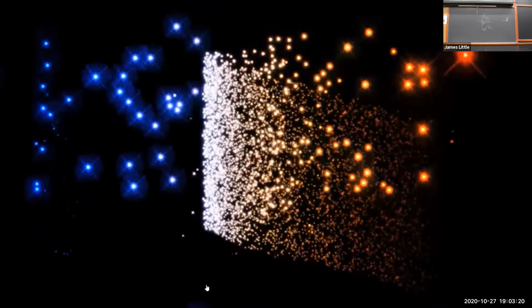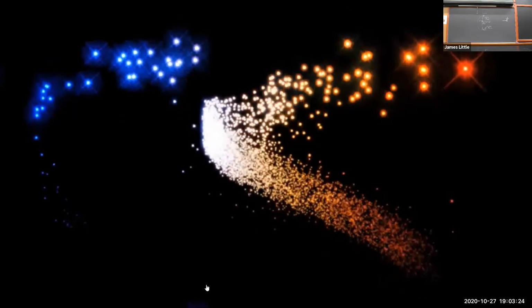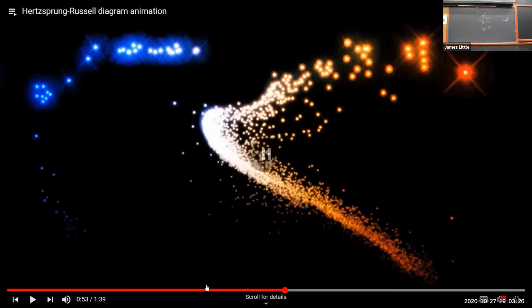So luminosity, most luminous at the top, least luminous at the bottom. And so I can see right away, this star cluster is kind of old. Like there's a lot of giants associated with it. And that's how you analyze an HR diagram and figure out what a stellar neighborhood is like.